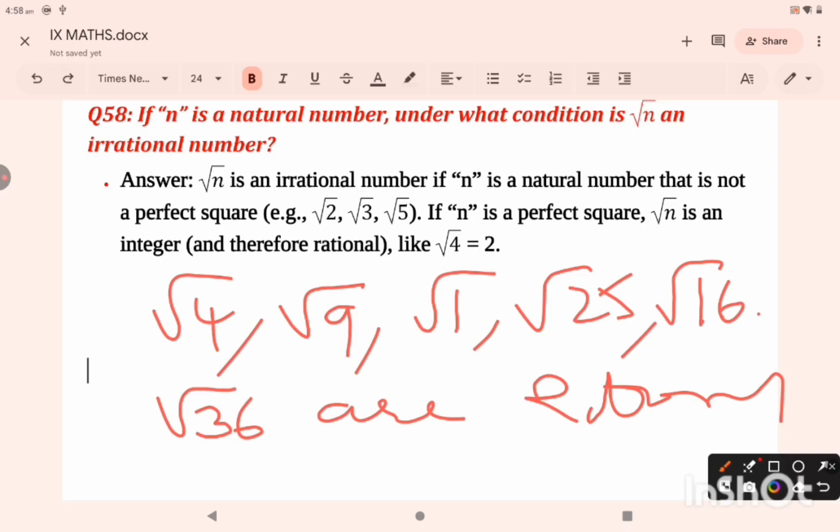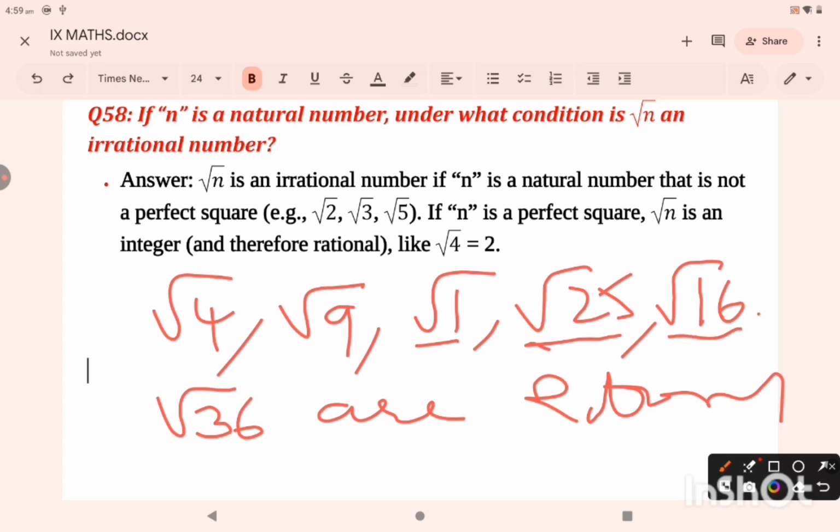That means root 4, here 4 is a perfect square. Root 9 is a rational number, 9 is a perfect square. Root 1 is a rational number, 1 is a perfect square. Root 25 is a rational number, 25 is a perfect square.